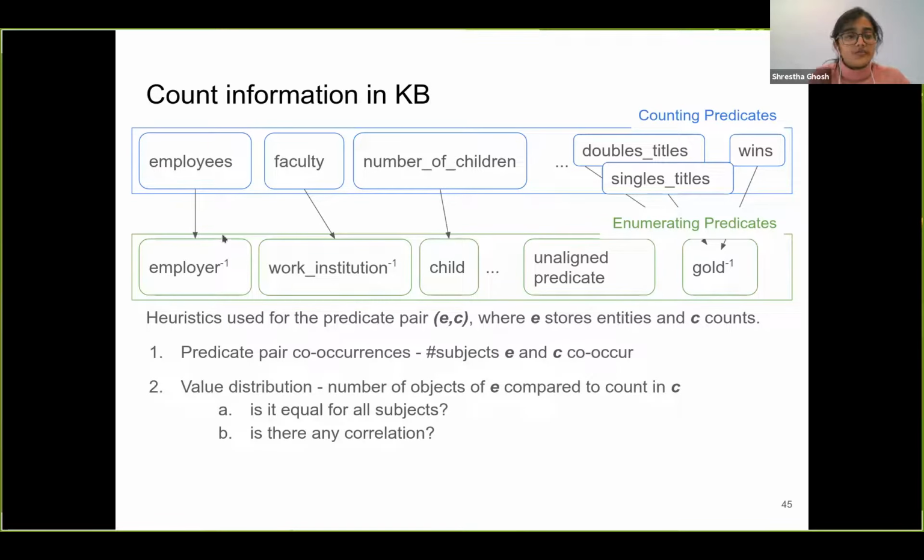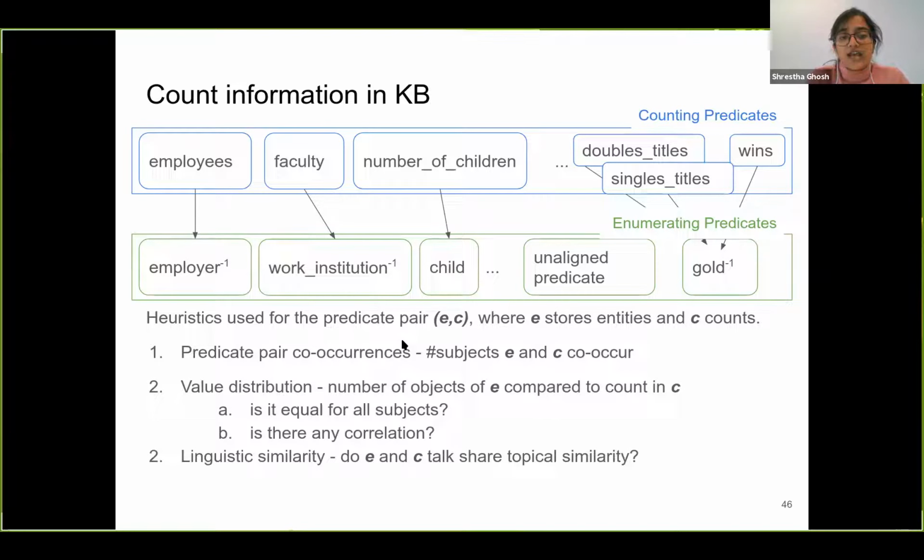So do for all institutes the number of employees and employer increase or remain the same way? Similarly, for number of children and child, do they always remain the same? For how many subjects are they similar? For how many subjects are they at least 90% complete, and so on?